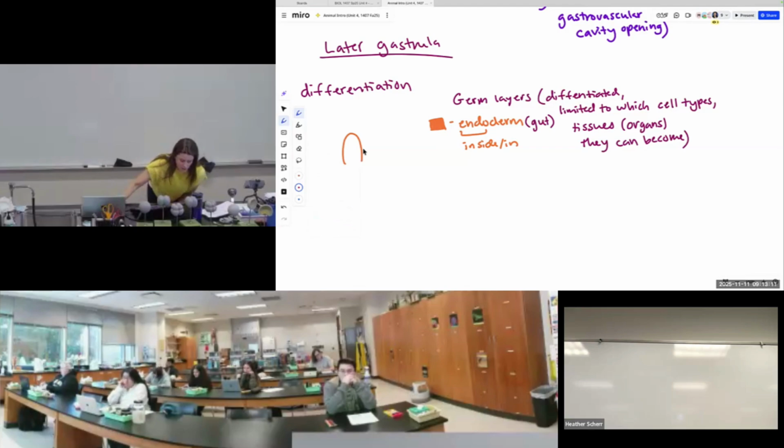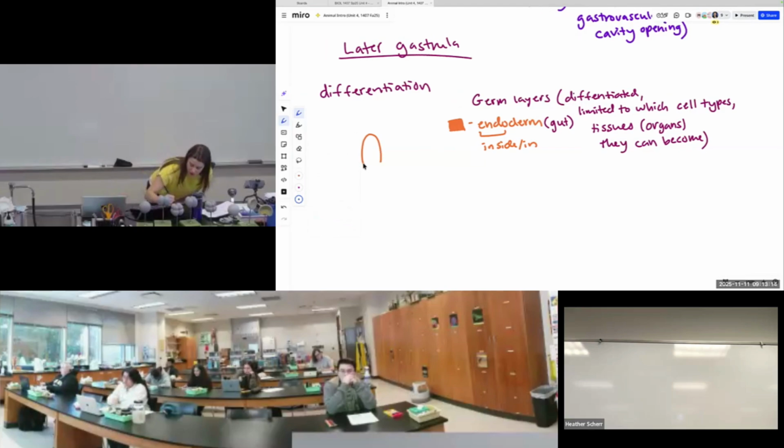Okay. Then let's use our blue. So blue is going to dip down a little bit, come around, and then dip down on the other side. So it's connecting to the endoderm.